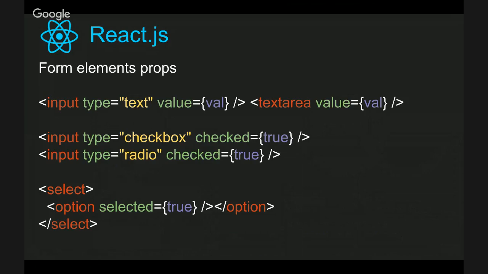Here, you are going to use the property value in React. And for input type checkbox and radio, you are going to check the checked property to see if it's true or false. And finally, for options, we have the attribute selected, or the property selected, which is the one that is going to give you the value if it's selected or not.